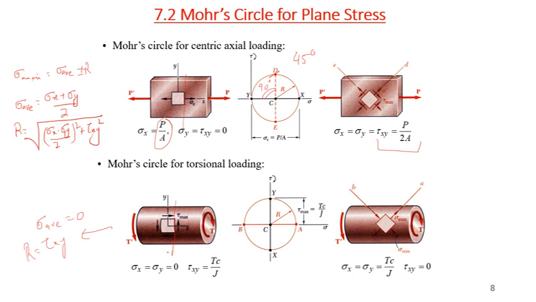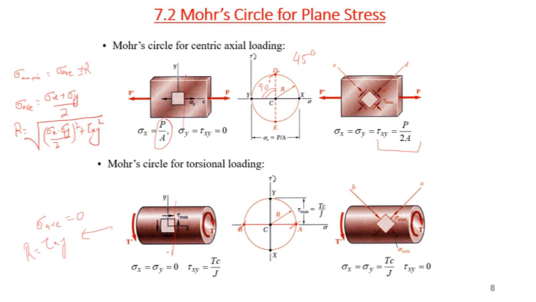So if you draw a circle, the center will be at 0, and this will be your circle with the radius equal to Tc by J. Now, the maximum principal stress, where you have no shear, will be at, again if you rotate this element 45 degree, in Mohr circle it will be 90 degree.